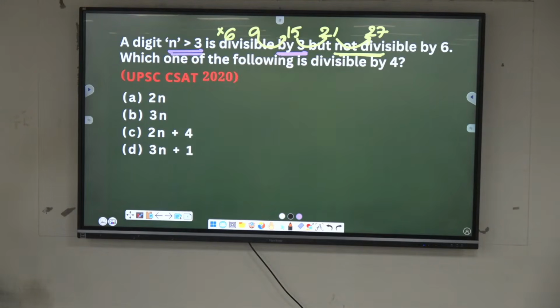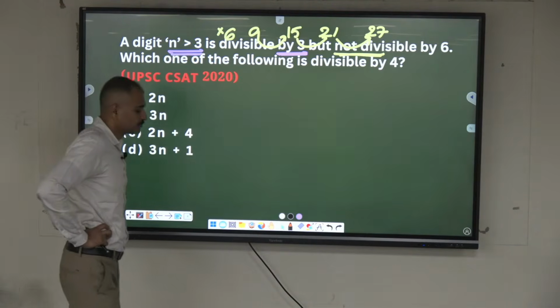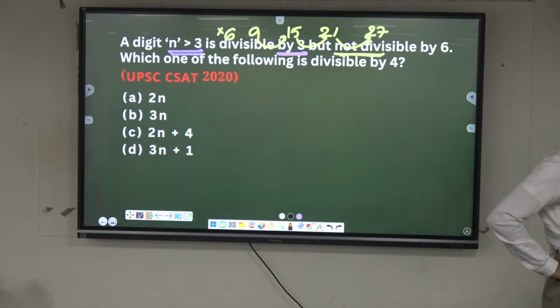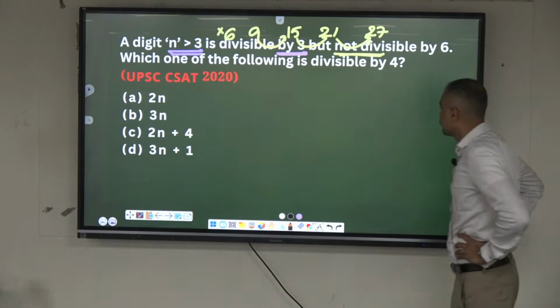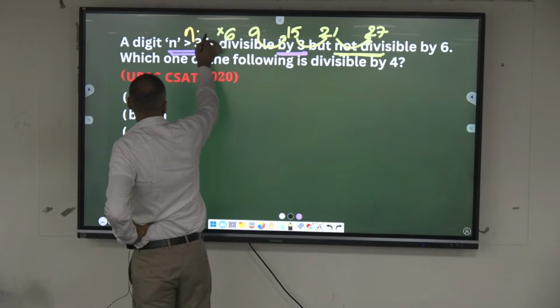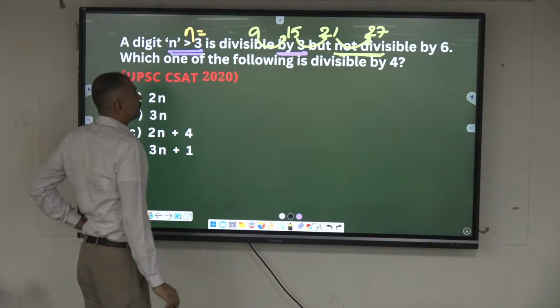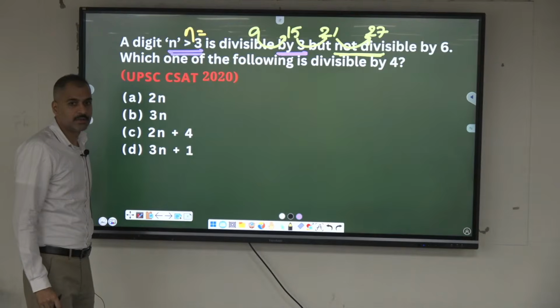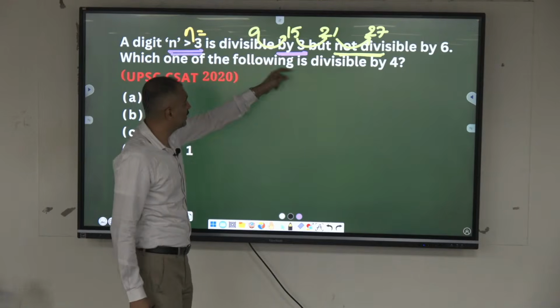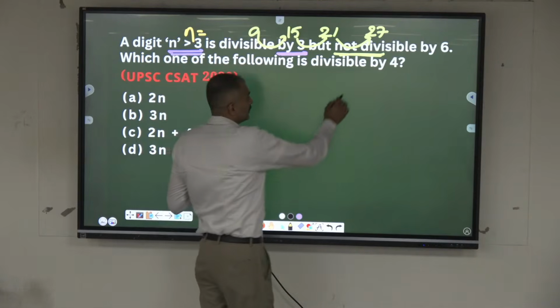The options are n, 3n, 3n plus 1. These are the values of n here. Okay, a digit n greater than 3 divisible by 3 but not by 6 means these are the examples. Which of these are divisible by 4?